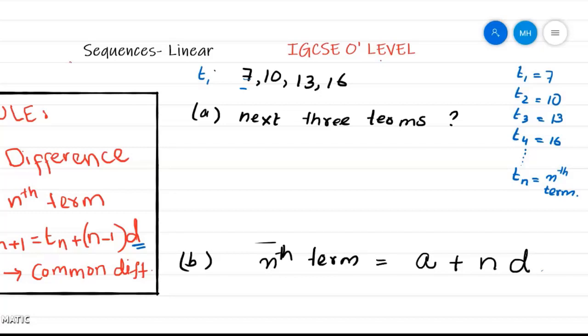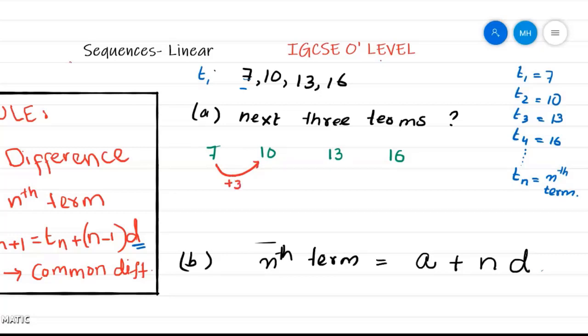this topic. So we have the sequence over here: 7, 10, 13, 16. It is going to increase. If I rewrite this sequence 7, 10, 13, 16, we have to calculate the next three terms for this sequence, which has a specific order that is the same for these terms. So we have to make one rule for that. When you go from 7 to 10, you have to add 3.